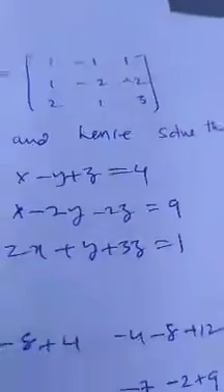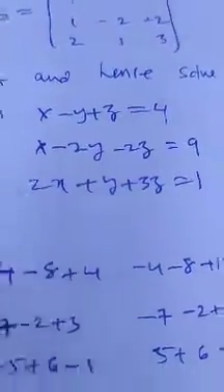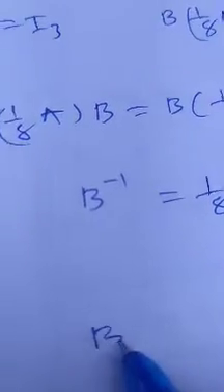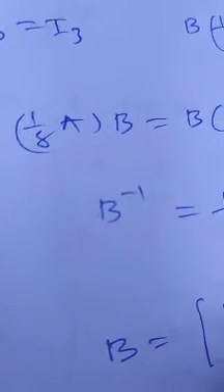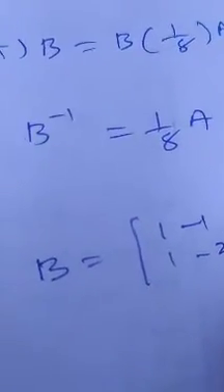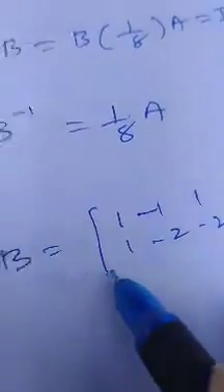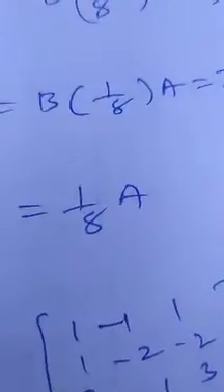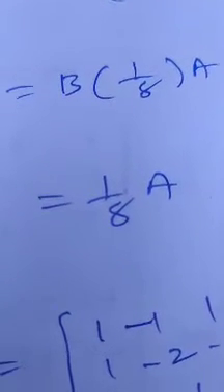To solve this system of equations, we need the coefficient matrix. Here what is the coefficient matrix? 1, minus 1, 1, 1, minus 2, minus 2, and 2, 1, 3. Variable matrix, capital X, is equal to x, y, z.